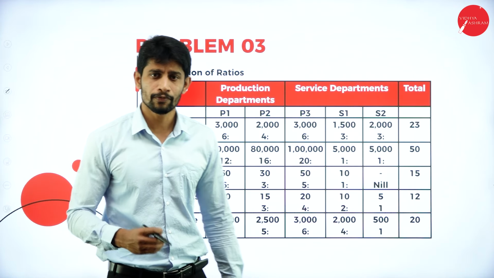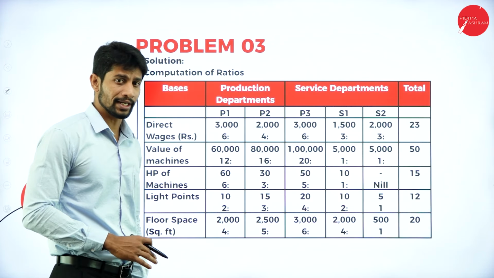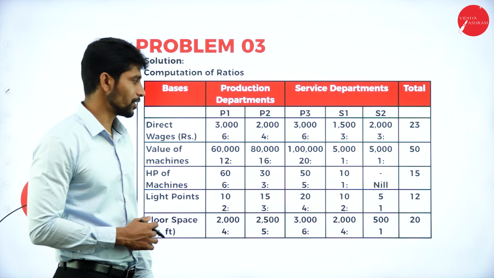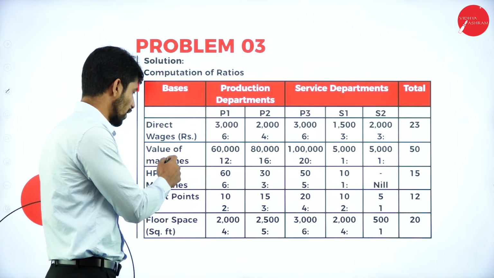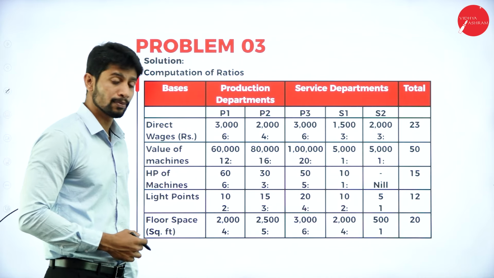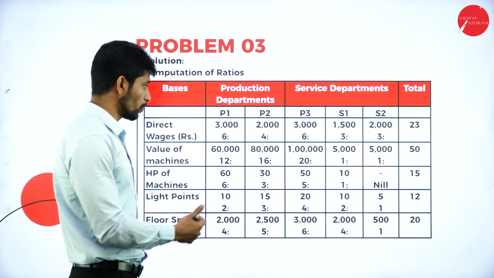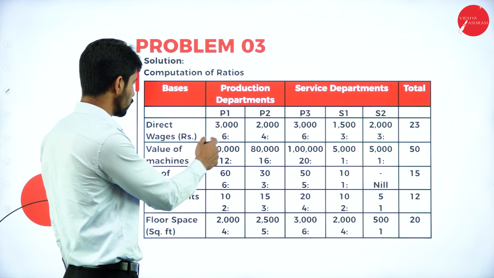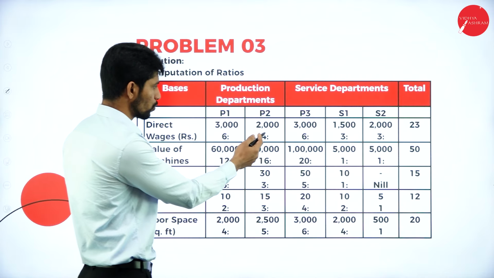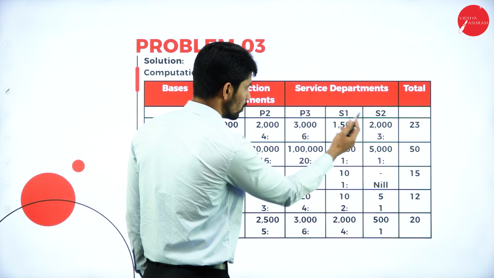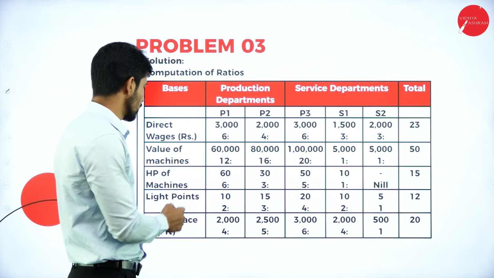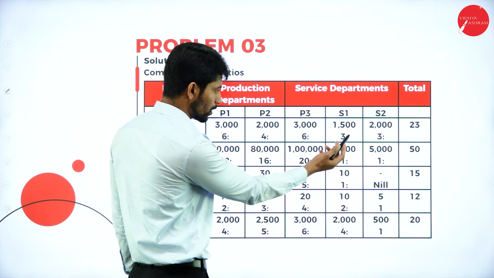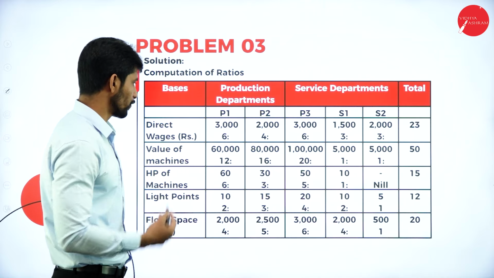To solve the problem, first what are we supposed to do? We are supposed to find out the ratios. Direct wages, value of machine, HP of machine, lighting points, floor space, everything is given. By using this information, we find out the ratios. For direct wages, it is 6:4:6:3:3, totally 23. Next, value of machine, 12:16:20:1:1, totally 50.